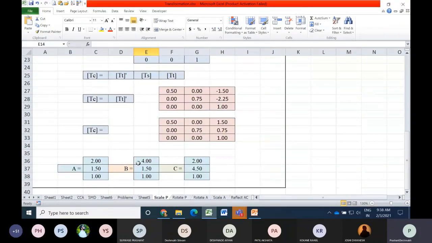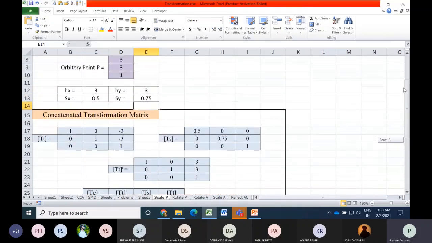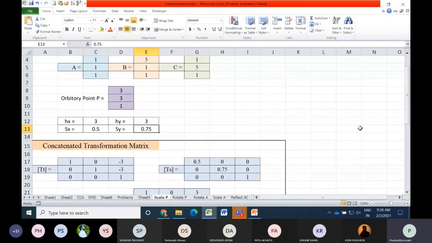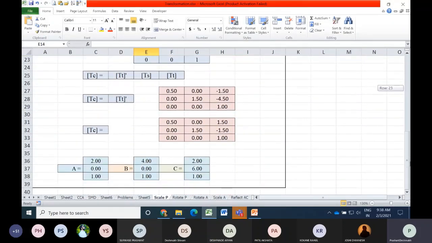So accordingly, your coordinates will be different. So it depends how you are defining a scaling factor. Okay, now it can be say 1.5. So in one direction we are reducing, and in another direction we are increasing the height of a triangle.